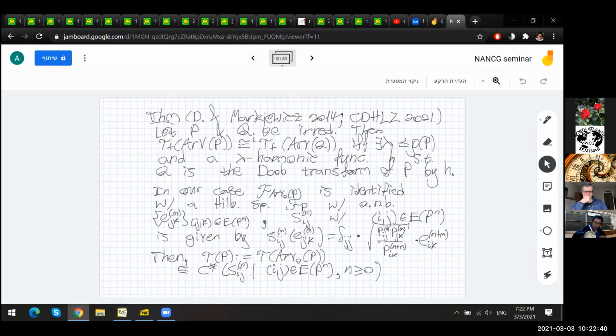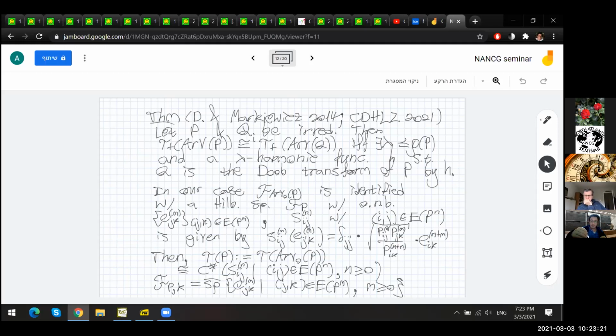Okay, and I just want to mention that I can look at certain subspaces F_{P,k}, which are the closed linear span of E_{jk,m}, where k is fixed now, and jk is an edge in E_{P^m} for m greater than or equal to 0. If you look at the definition of S_{ij,n}, you can see immediately that these F_{P,k} are invariant subspaces, but they are in fact reducing.